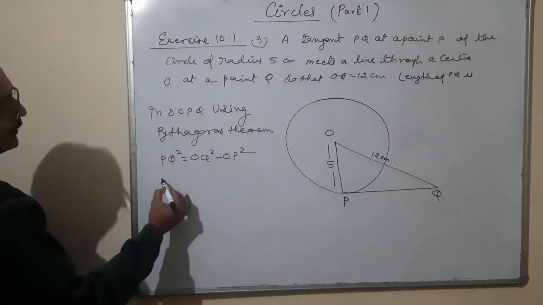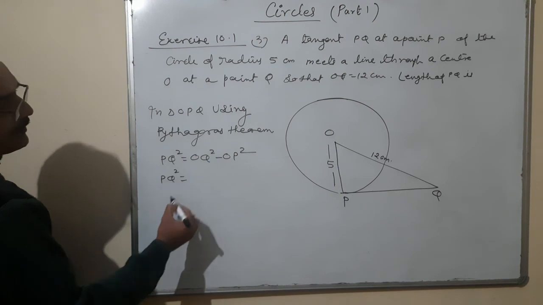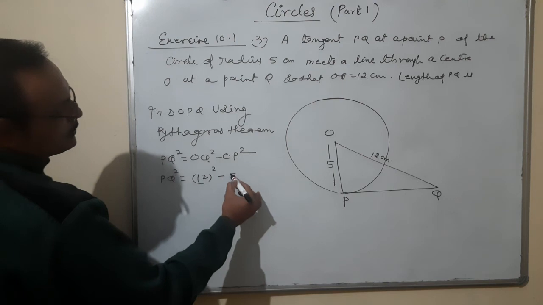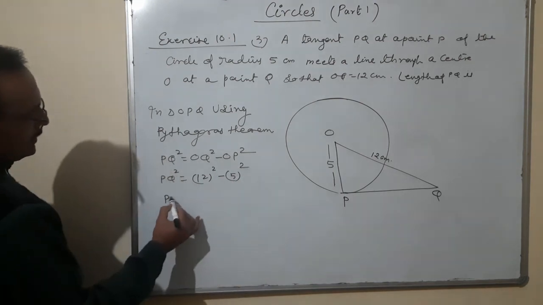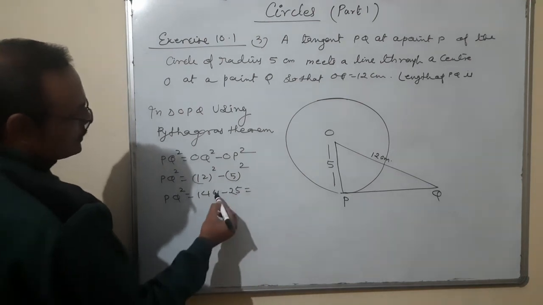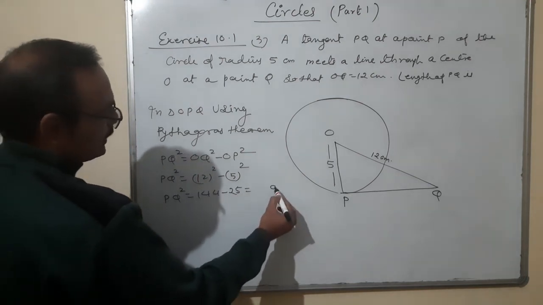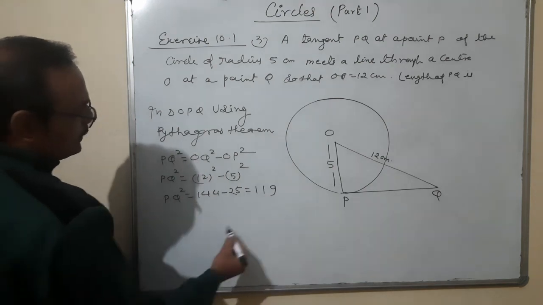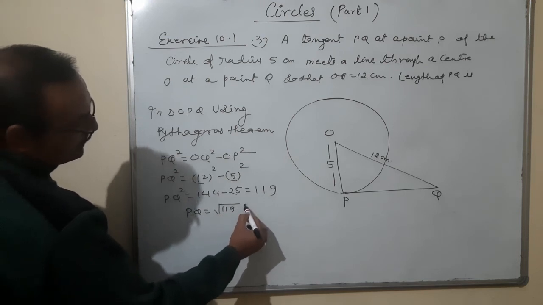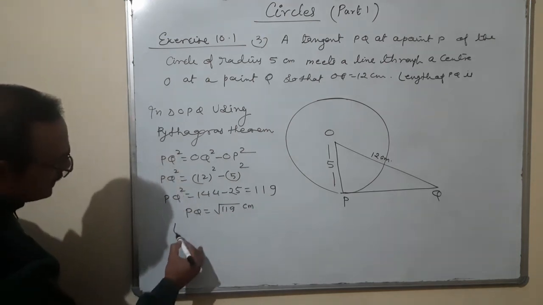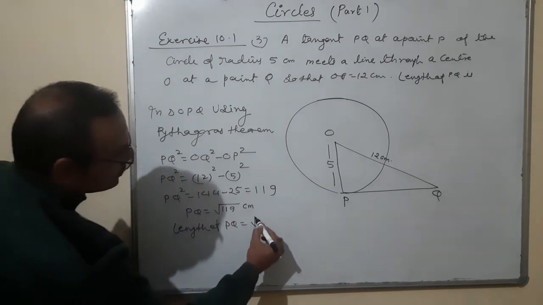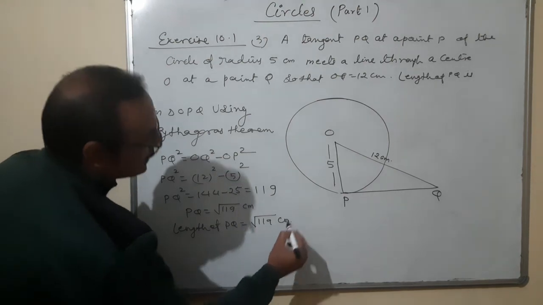Base square is equal to hypotenuse square minus perpendicular square. So it is 12 square minus 5 square. PQ square is equal to 144 minus 25, which is 119. PQ is equal to under root 119 centimeter. So the length of PQ is equal to under root 119 centimeter.